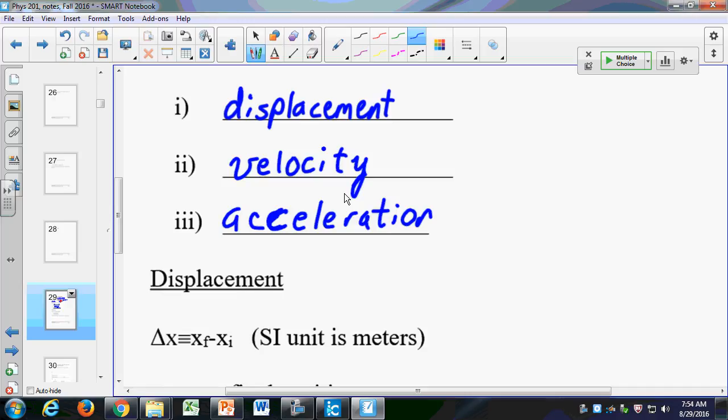In fact, as we're talking about derivatives, the velocity is the derivative of the displacement. Derivatives describe how something changes, and so the velocity describes how the displacement changes. And then the acceleration, is the acceleration going to be the derivative or the integral of the velocity? It's the derivative, because the acceleration describes how the velocity changes.